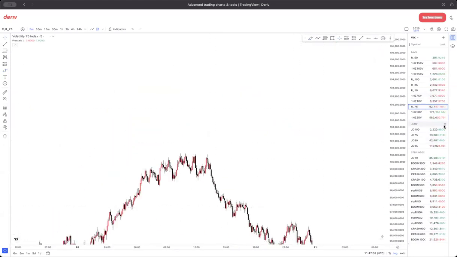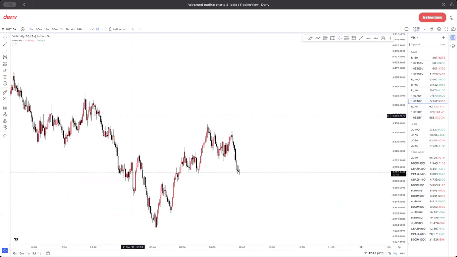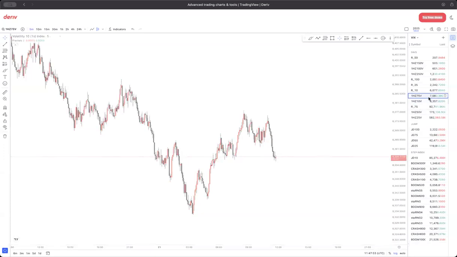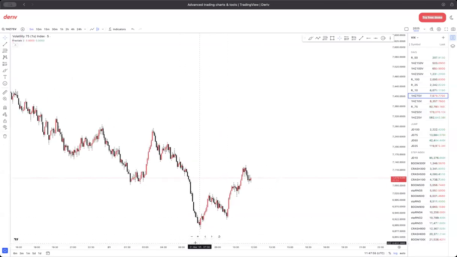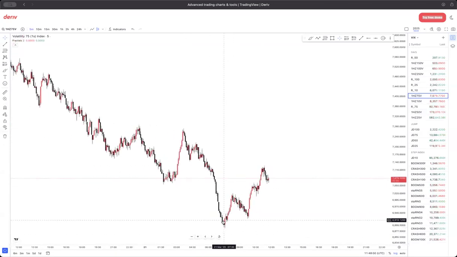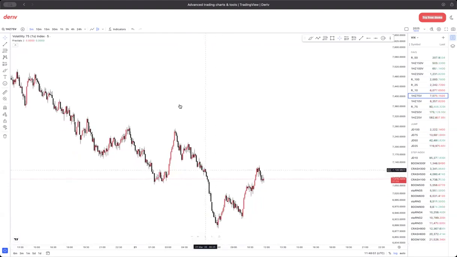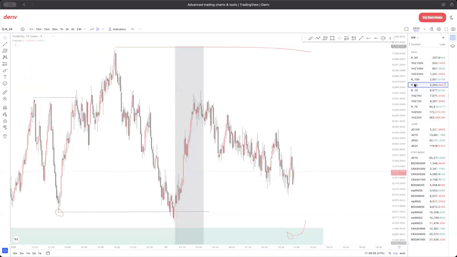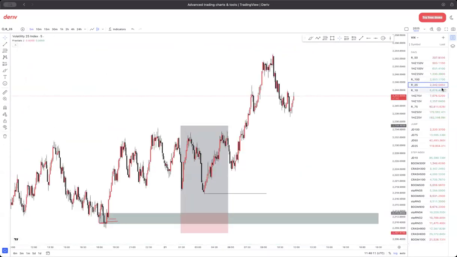So that's that on POI. Let me just check some few pairs. V75 has been selling and selling and selling. So nothing really good for now.